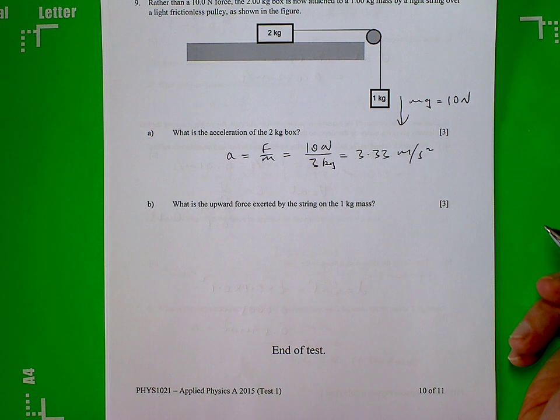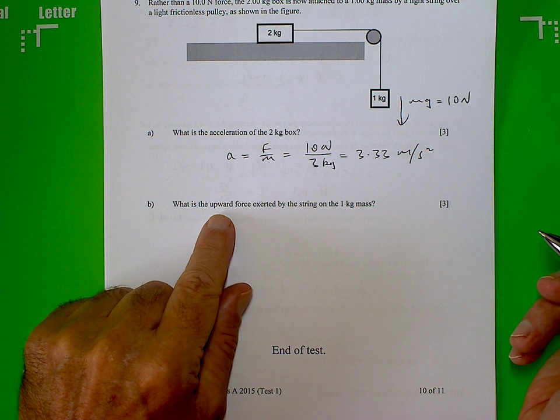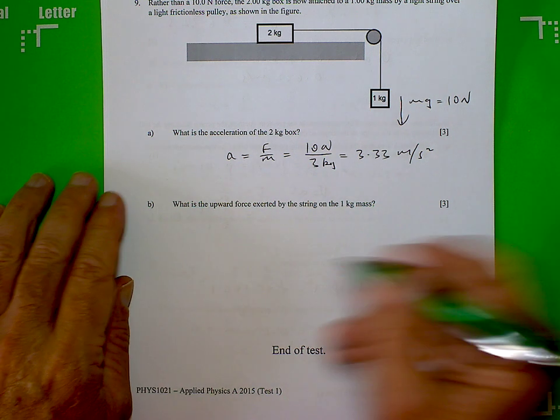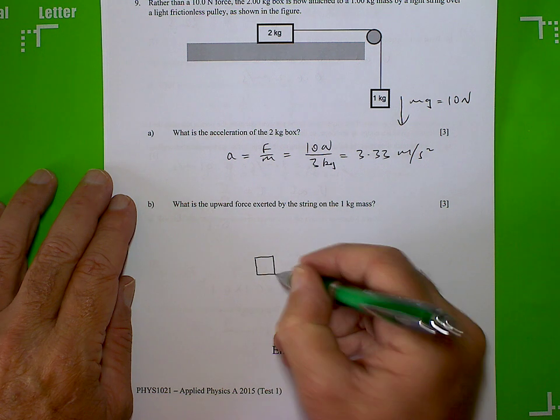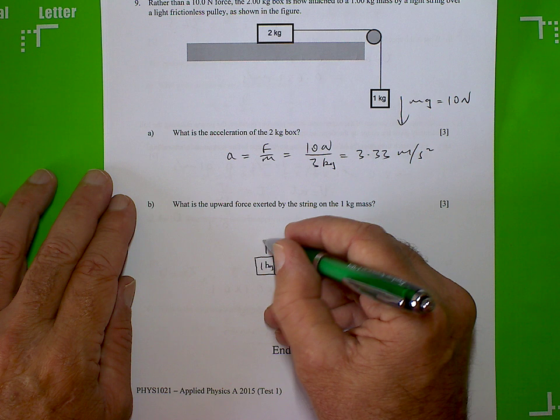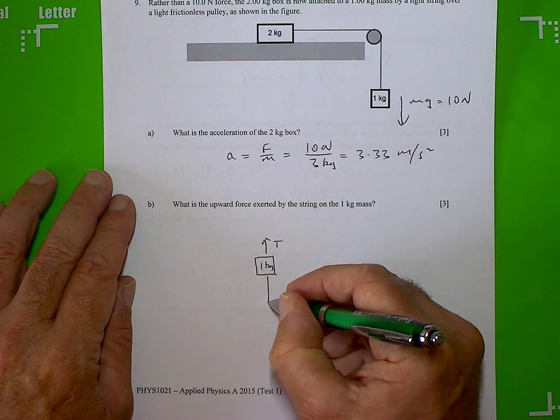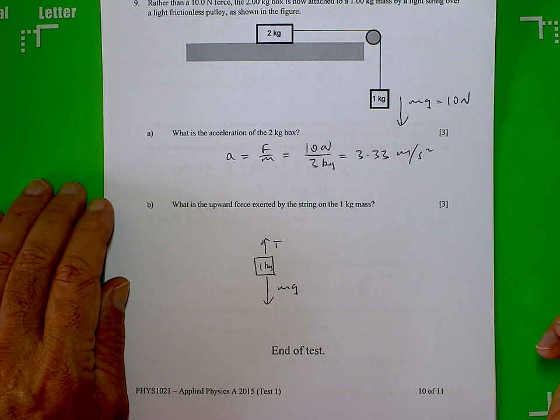And lastly, what is the upward force exerted by the string on the 1 kilogram mass? So let's just look at the 1 kilogram mass in isolation. There it is. Okay, it has two forces acting on it. It has the tension in the string acting upwards, and it has mg, gravity, acting downwards.